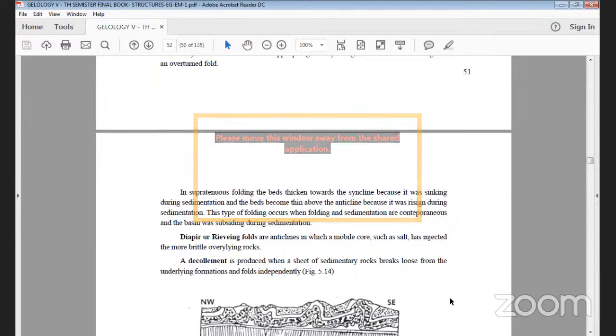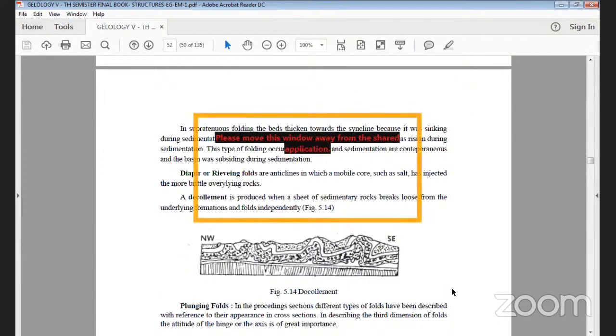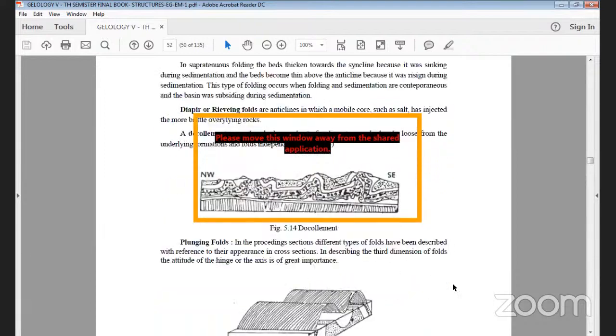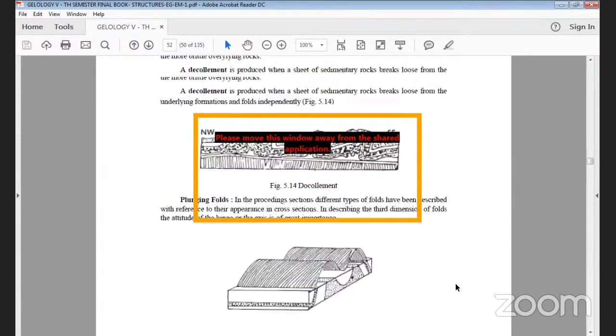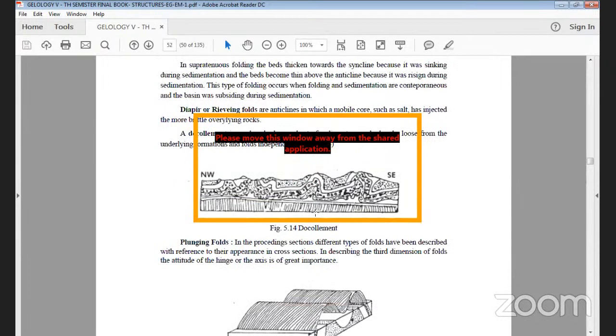Decollement is produced when a sheet of sedimentary rock breaks loose from the underlying formation, and folds are formed independently. And plunging folds. Here in plunging folds, there is a decollement formation above it.